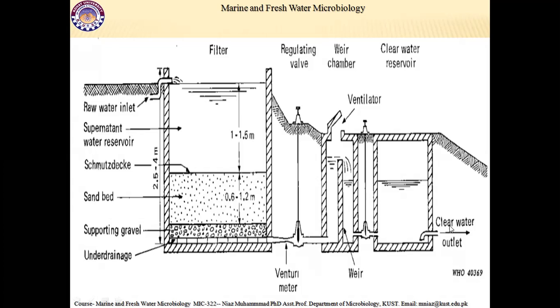From there, by an outlet, by a tap, clear water can be used for drinking purposes and for domestic purposes, for any type of purpose. Clean water reservoir. So this is called a slow sand filter.